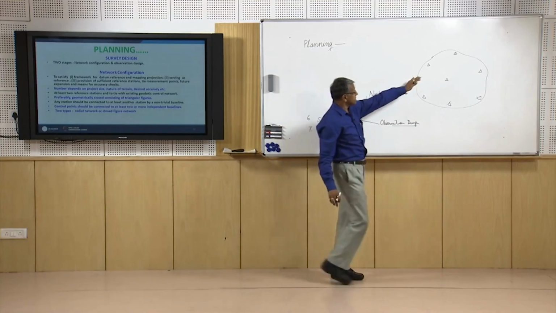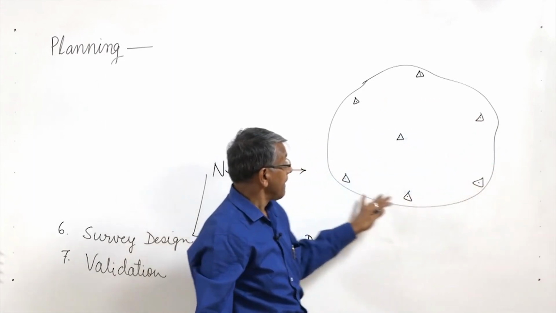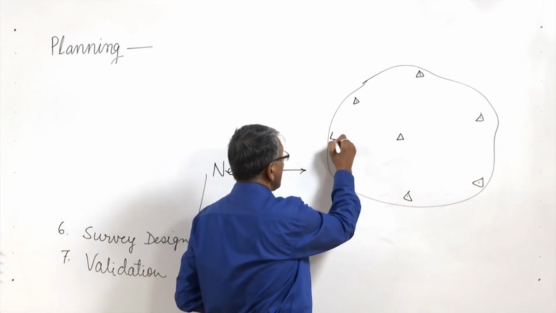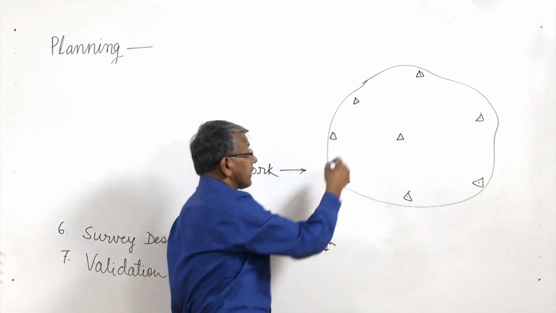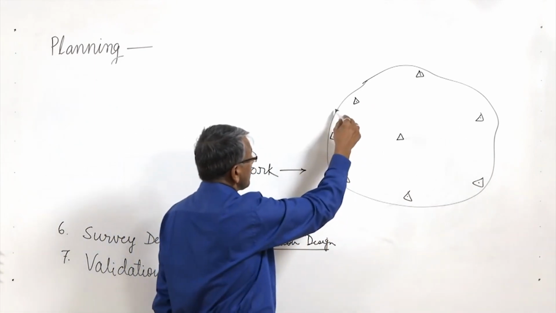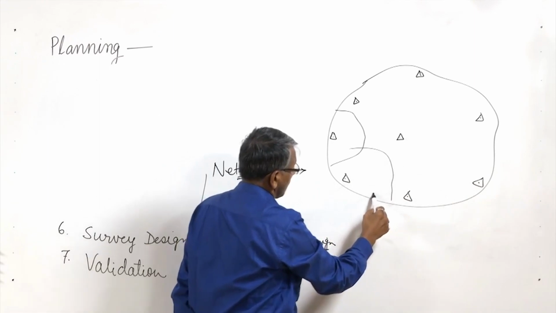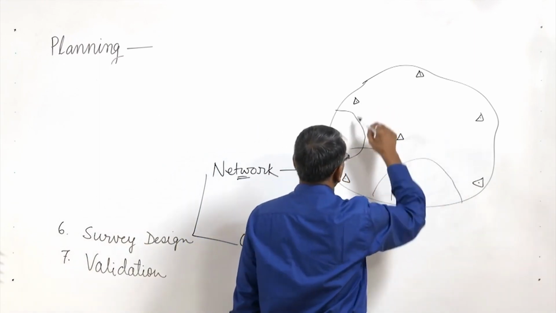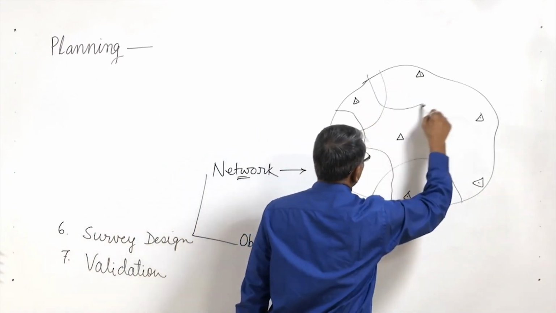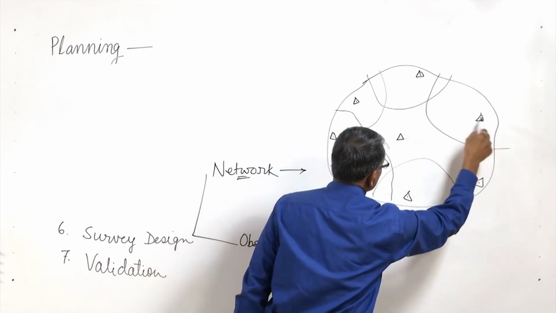That means it should be well spread so that each area is surveyed from more or less equal distance of the stations.